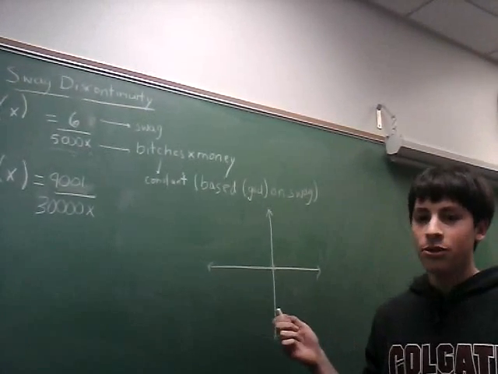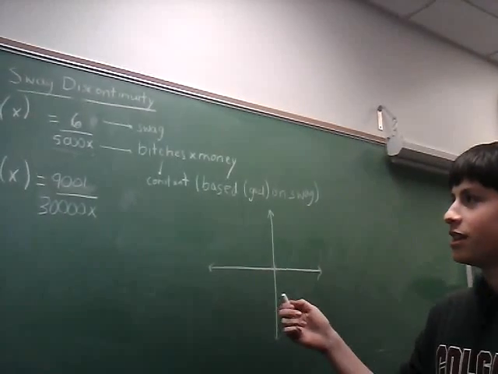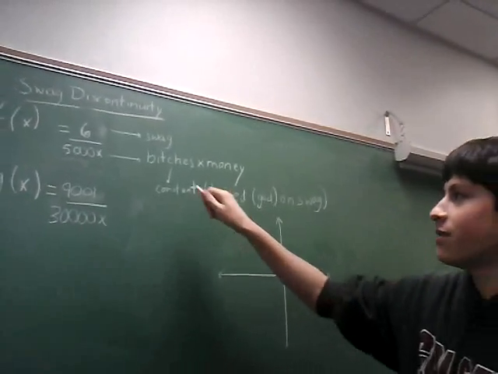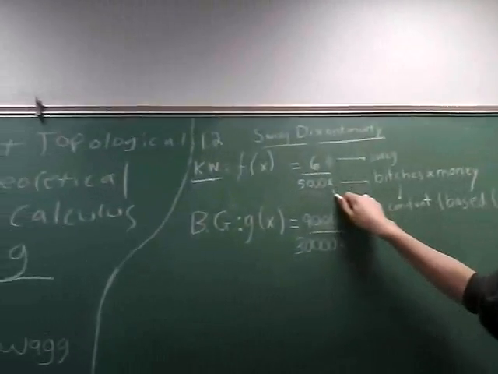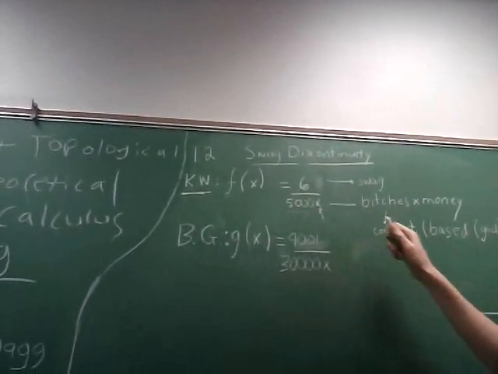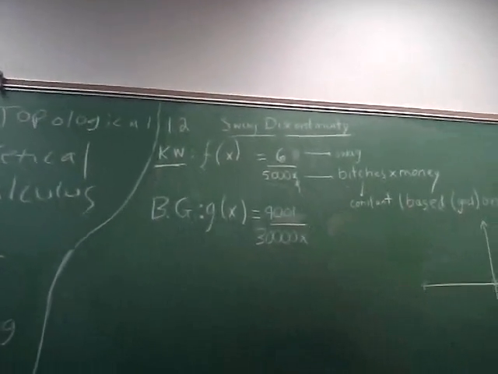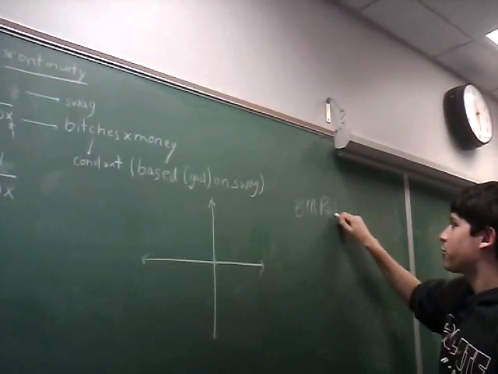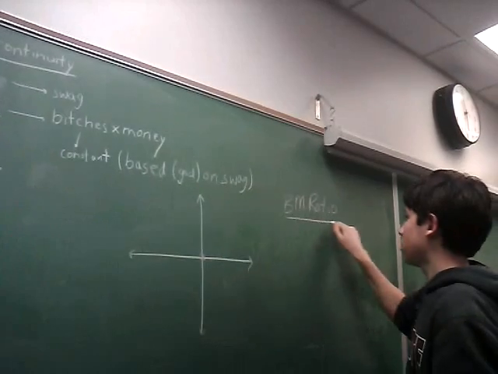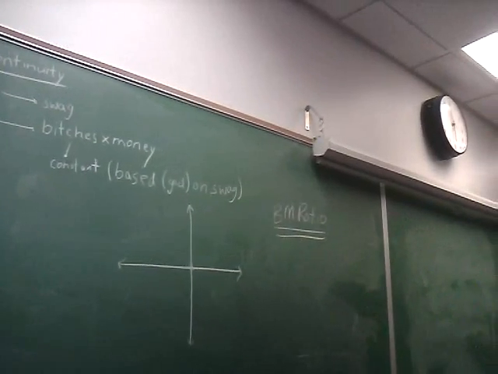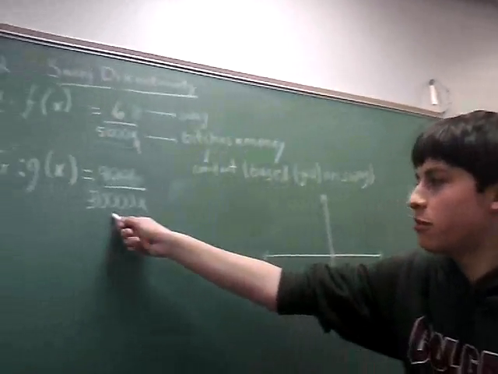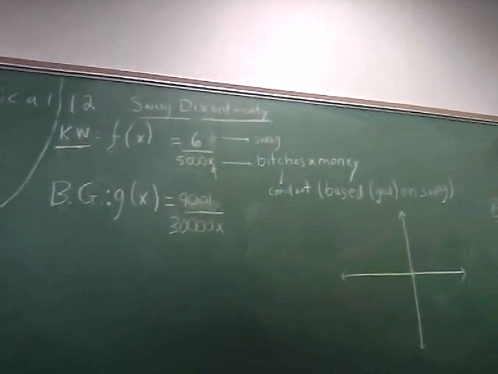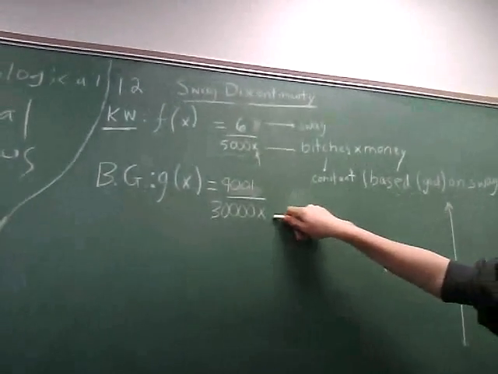So what you need to do is take this function and make sure you have money. As I discussed before, you use the bitches to money ratio based on preferences and background. You have to transfer bitches into money to make sure that the money is not equal to 0.